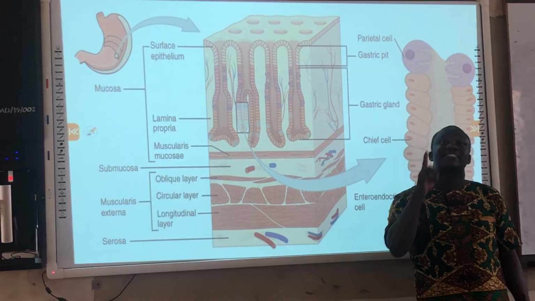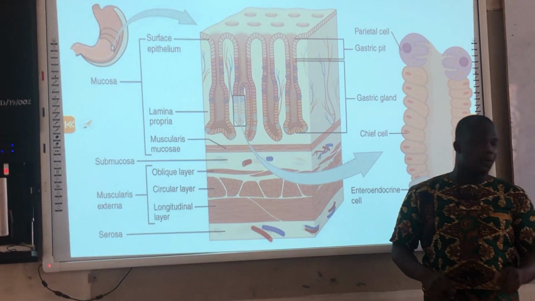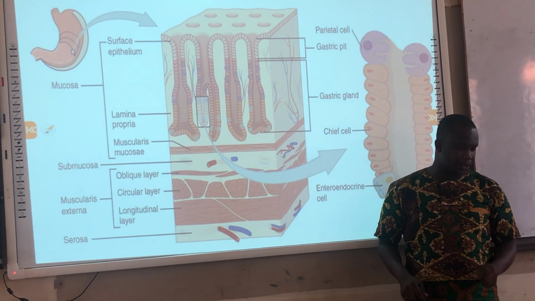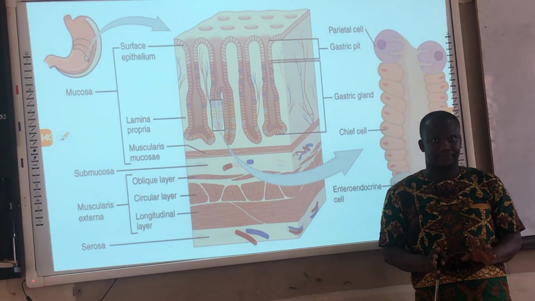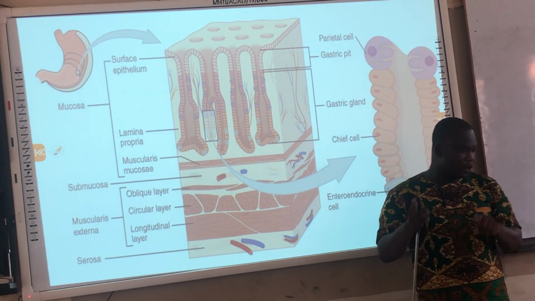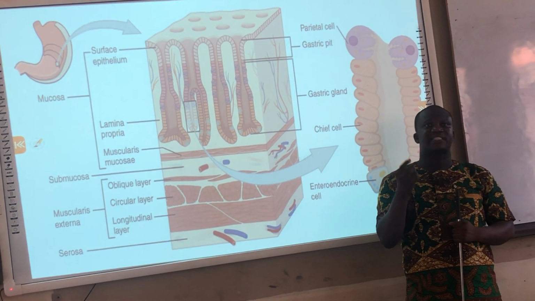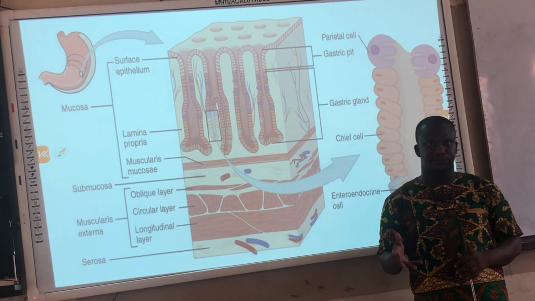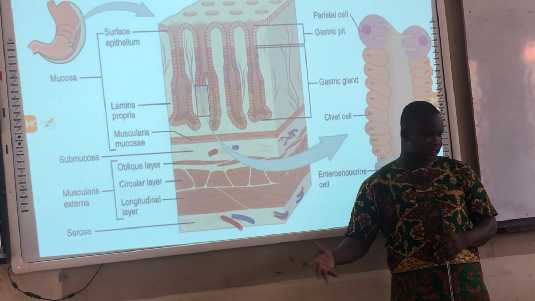But the secretion will be increased whenever food is on the way to your stomach or whenever food is already in the stomach. Secondly, whenever there is a sight, a smell, or a thought of appetizing food, gastric juice secretion will be increased.